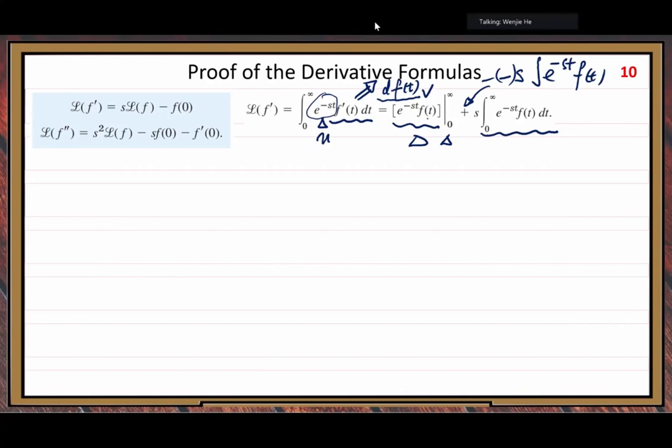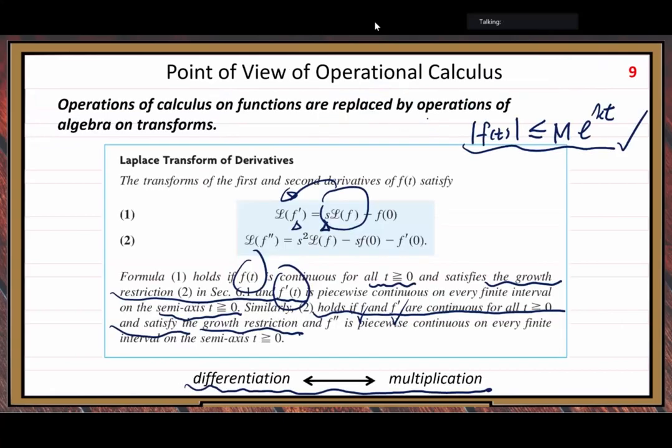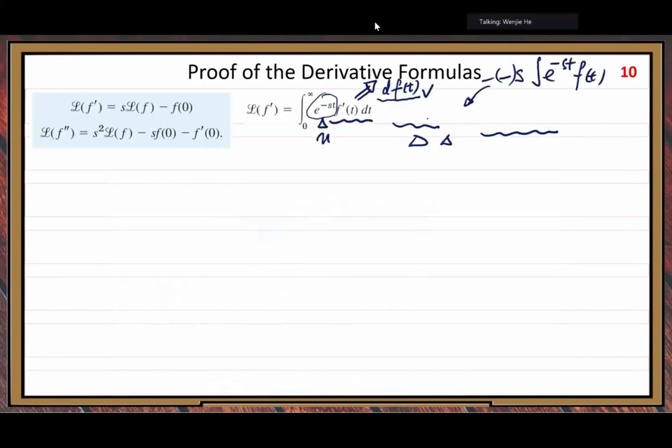We expect to have 0 at infinity. But let me go to the previous slide, the theorem, because the condition is important. We don't specify the condition on that s. So the reason I go there is that later you will see that condition.